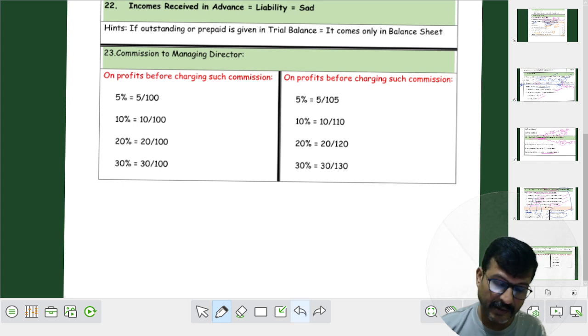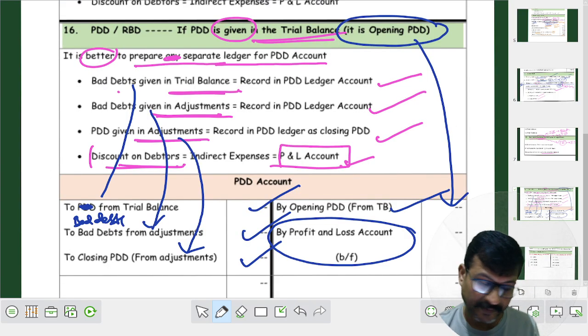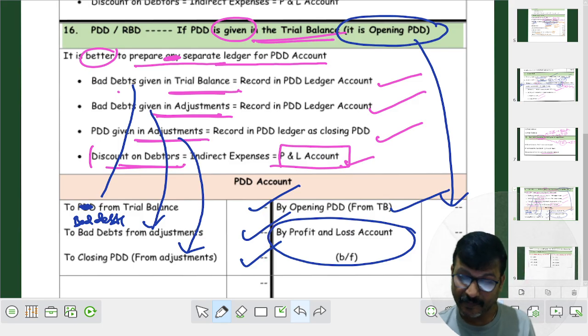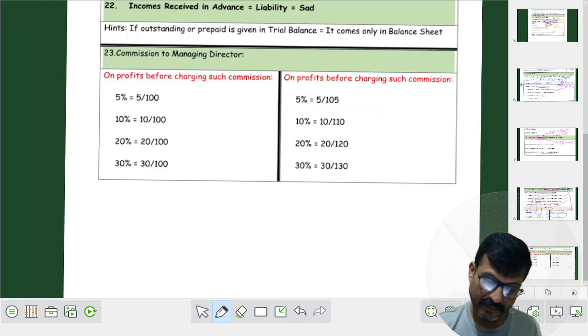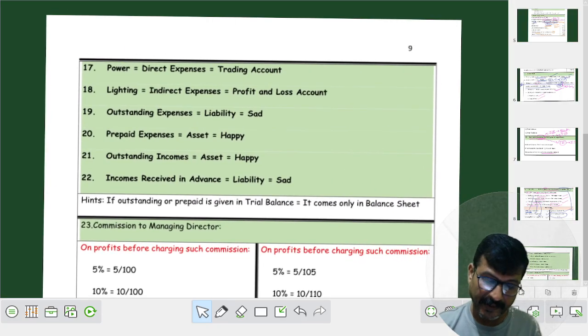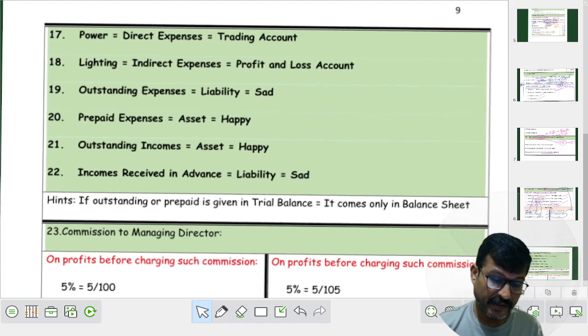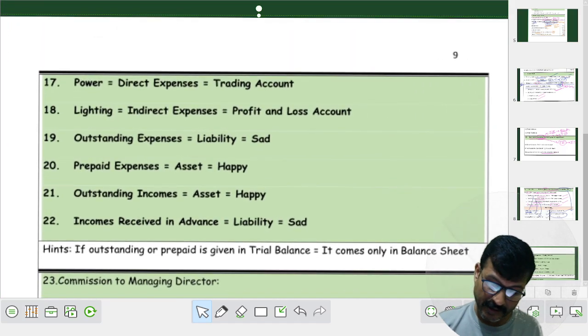Almost we are in the ending part of the explanation. 16 points completed, right? Okay, fine. Okay, 17th point.